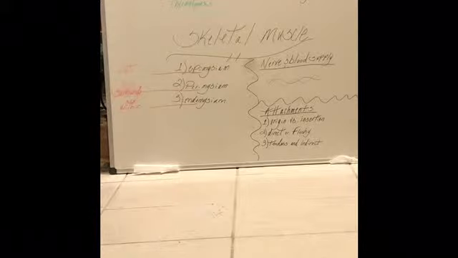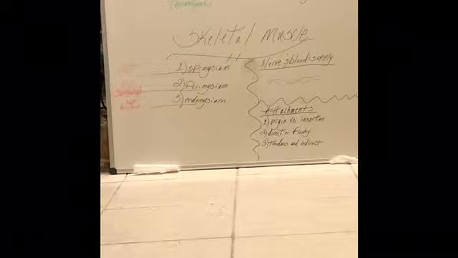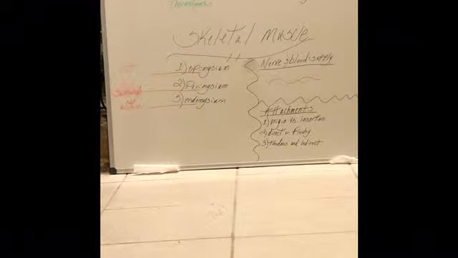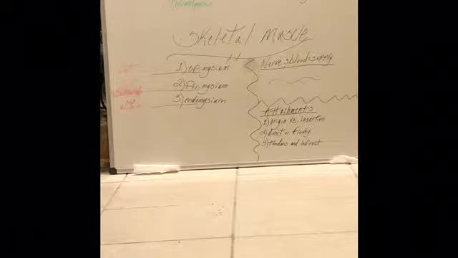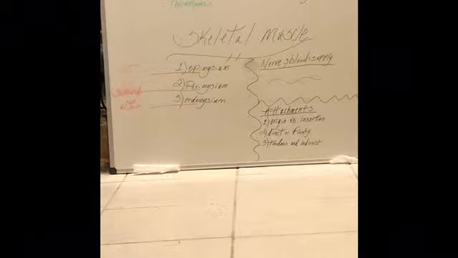Attachment sites include origin versus insertion. An origin is immovable, and when the muscle contracts, the bone is movable, matching the attachment site as an insertion. Direct or fleshy is associated with the epimysium.